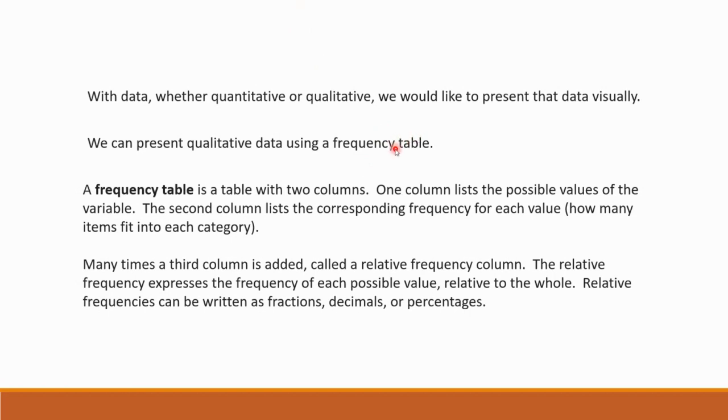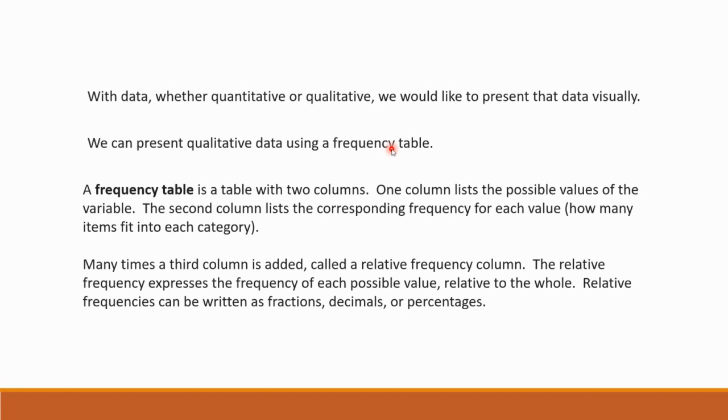Now, a frequency table, I think I might have done this last time, but I feel better doing it again. It's really just a table with two columns. There's not too much to it. In one column, of course, you would list all the possible values of the variable. We'll see an example shortly, but for instance, with the exam scores, like I said before, the variable would be the letter grade.